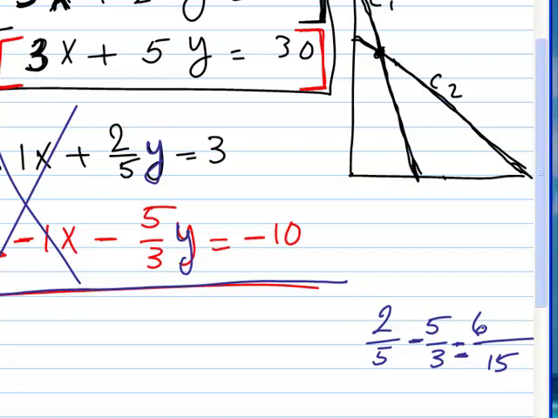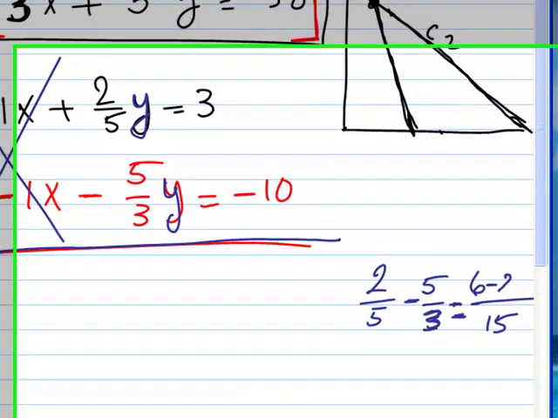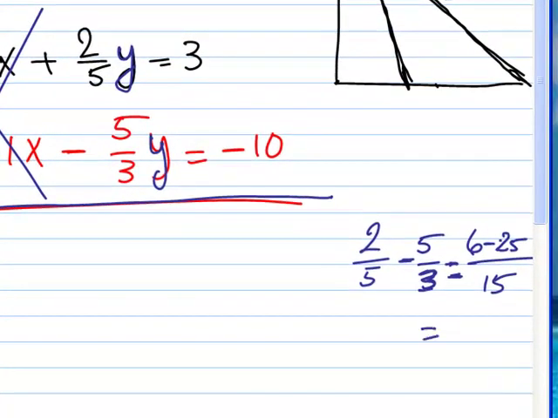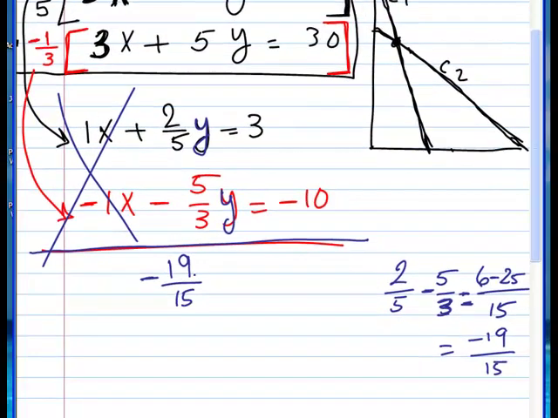The sign is negative. 15 divided by 3 is 5. 5 times 5 is 25. So I end up with -19 over 15. So over here I have -19/15 of y is equal to, and then 3 minus 10 is a -7.